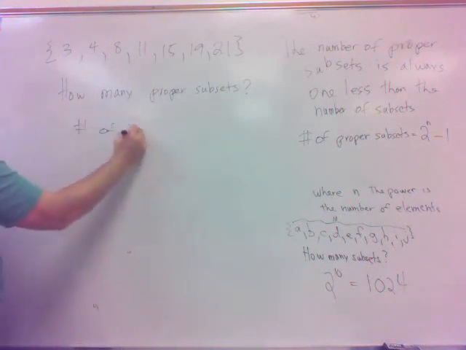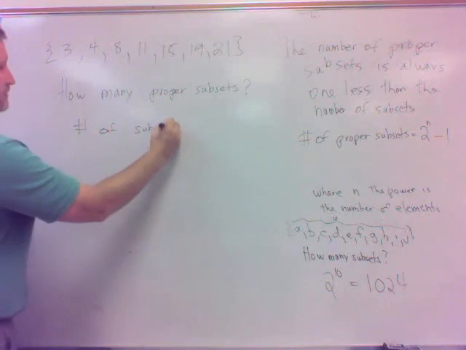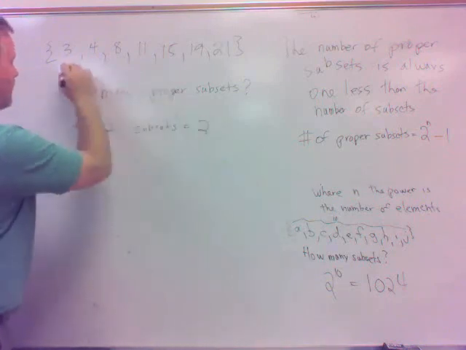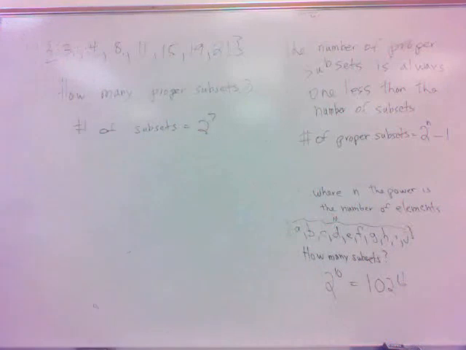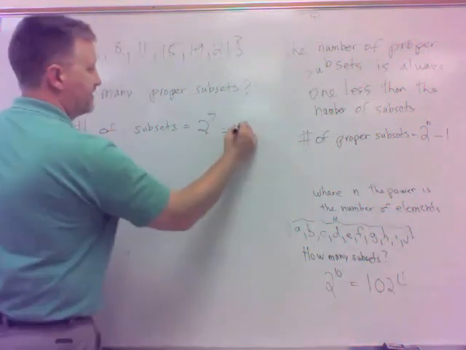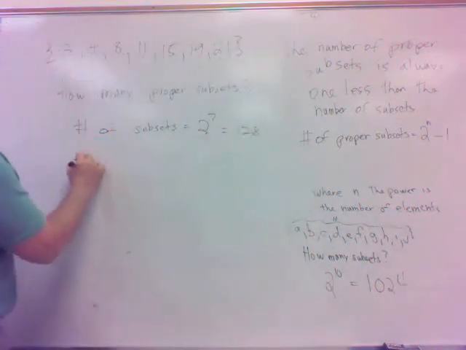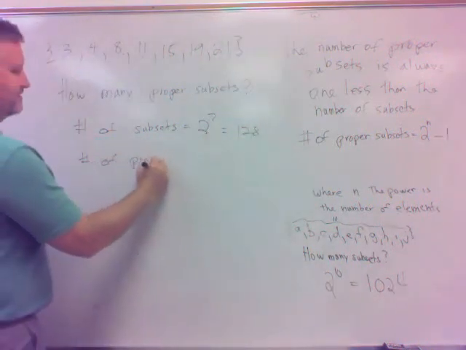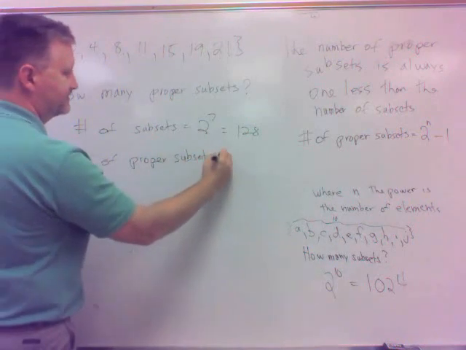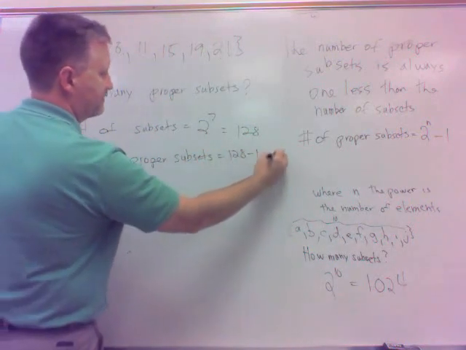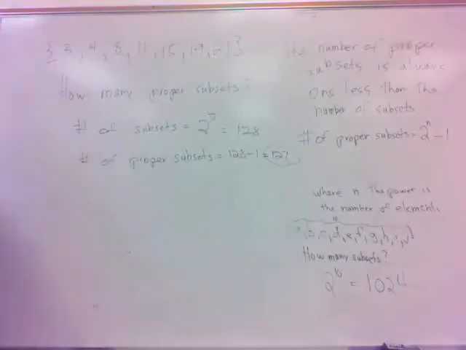The number of subsets would be 2 to what? Well, we got 1, 2, 3, 4, 5, 6, 7. So the number of subsets would be 2 to the 7th, which is 128. So how many proper subsets? Well, it would be 128 minus 1, wouldn't it? 127. Okay? Make sense?